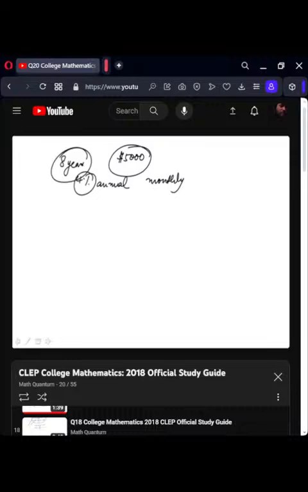And the way I have to think about this is that if the interest rate is 4% annual, that means on a monthly basis it's going to be 4% divided by 12, and in terms of the percentage increase every month it's going to be 0.04 over 12.